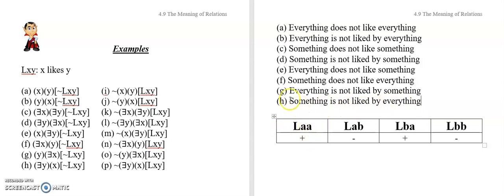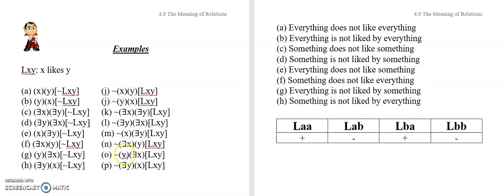Well, it's liked by itself, so it's not going to hold for A. What about B? Is B not liked by everything? Well, B is not liked by A, and B is not liked by B. So this particular proposition turns out to be true on this particular domain, and the object B is the object that makes it true there.